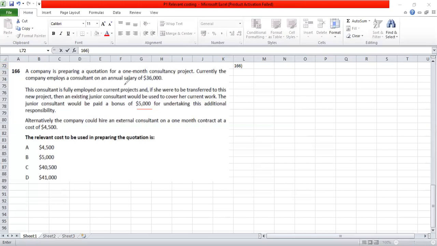The present annual salary is a fixed cost, which would not be changed, so this is irrelevant. The company is preparing a quotation for a one month consultancy project.